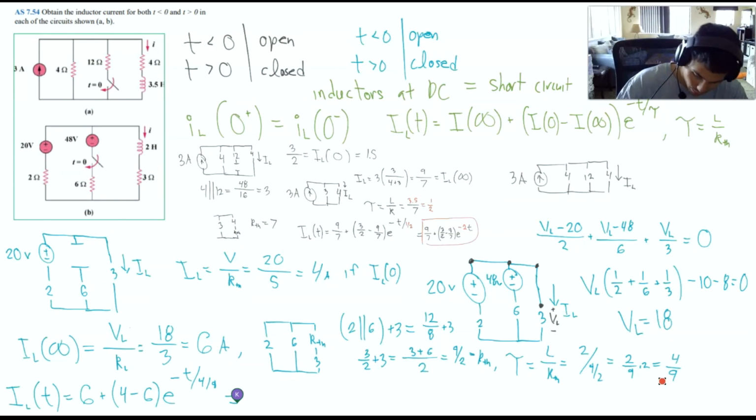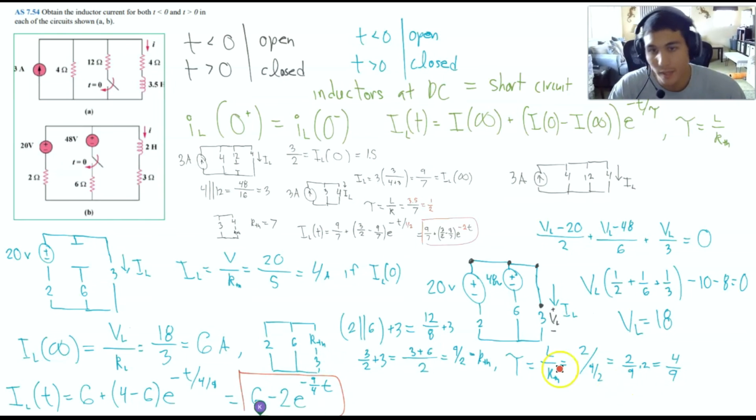Then all of this is going to be equal to 6 minus 2 e to the negative 9 over 4 t. That's our answer, just like that. There we go.